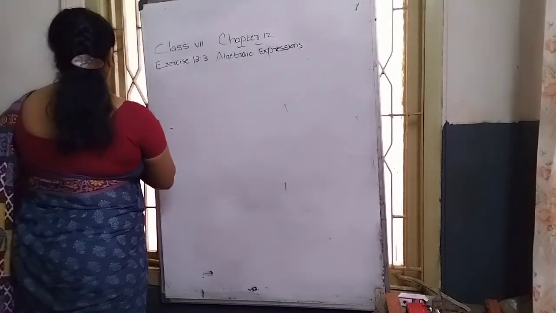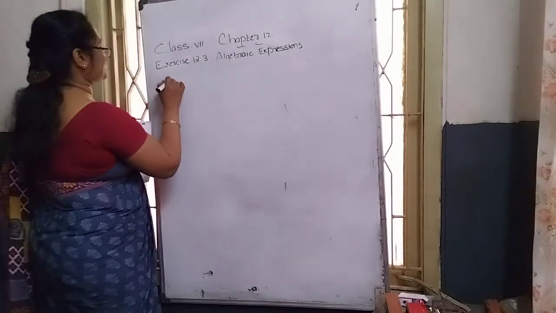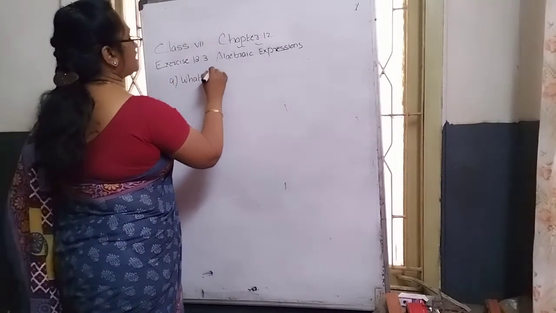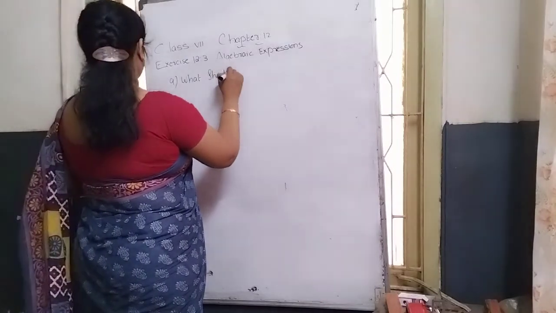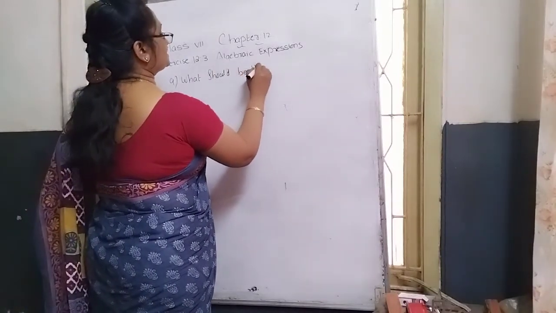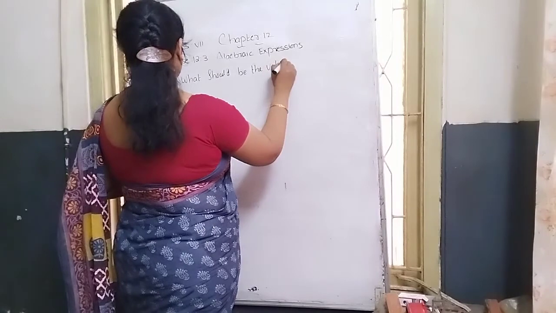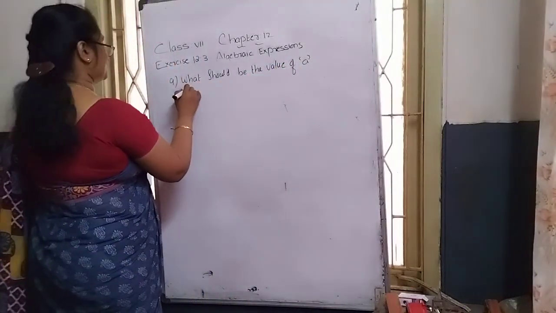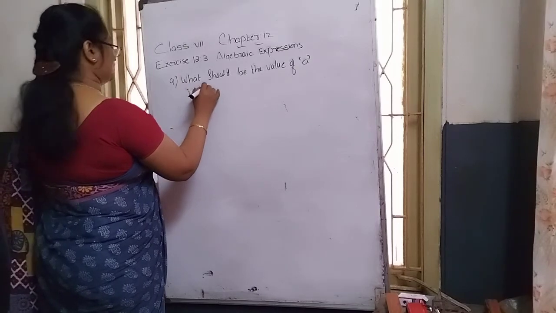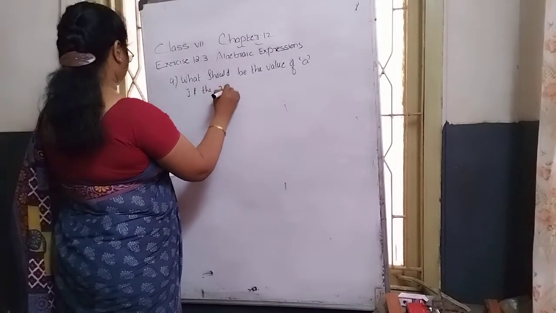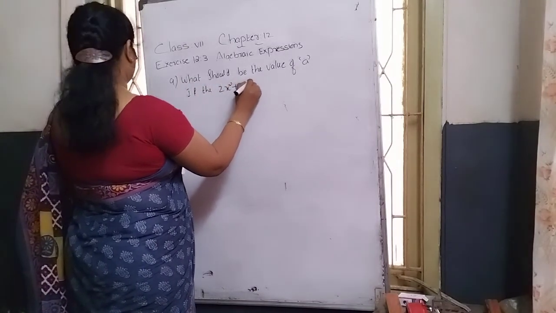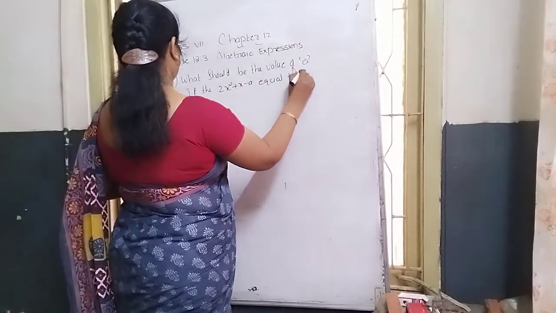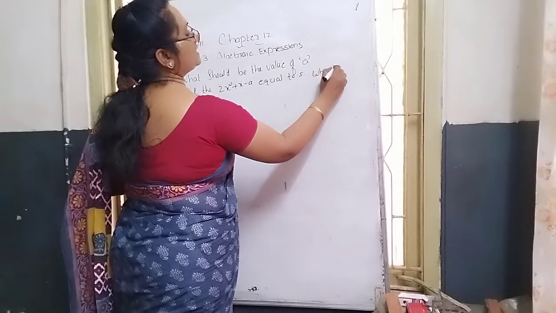Next we go through the 9th problem. In the 9th problem they ask what should be the value of a. The expression is given as 2x square plus x minus a equal to 5, when x value becomes 0.